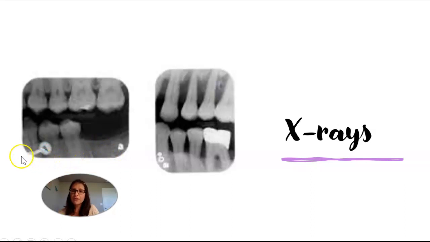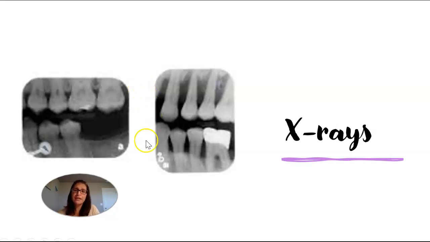Now for this patient, a vertical bite wing or a horizontal bite wing is perfect, because we can clearly see bone levels, some slight bone loss going on, but nothing too bad. We're still able to identify that here on this horizontal bite wing.